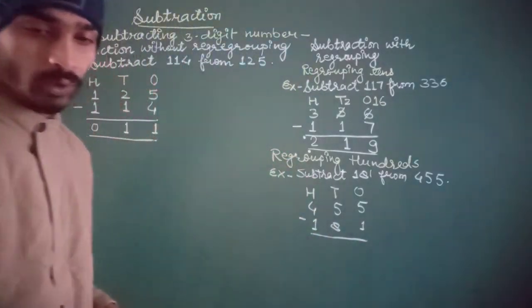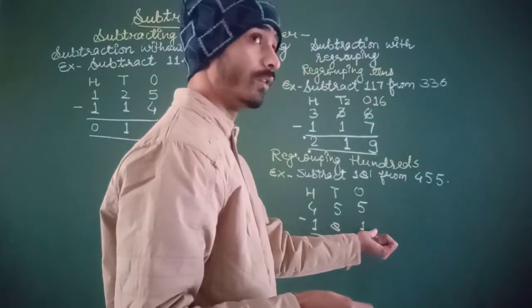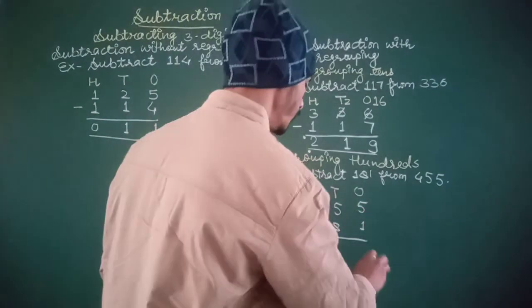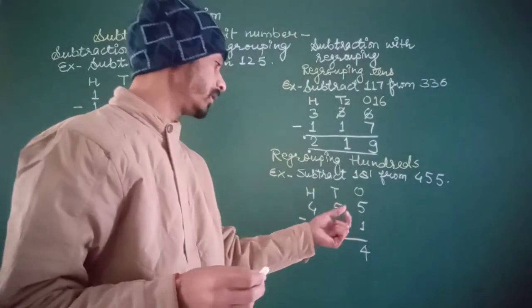Now subtract the ones, that is 5 ones minus 1 one, that is 4 ones. And now subtract the tens.